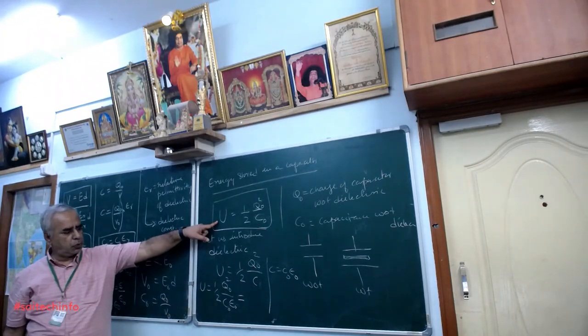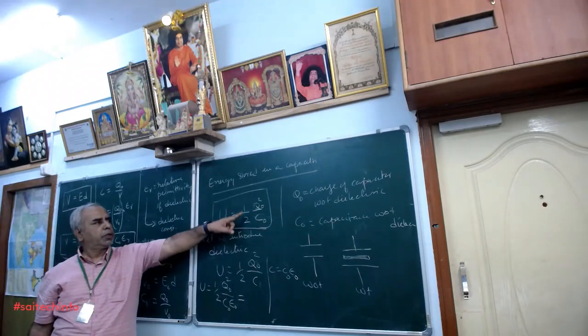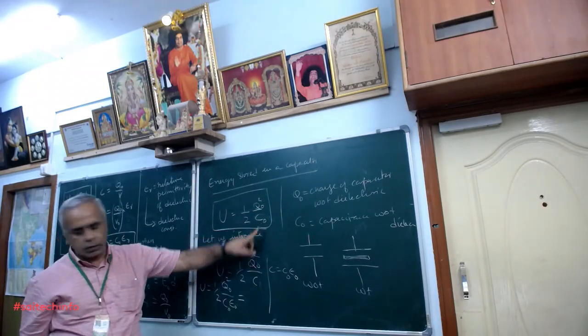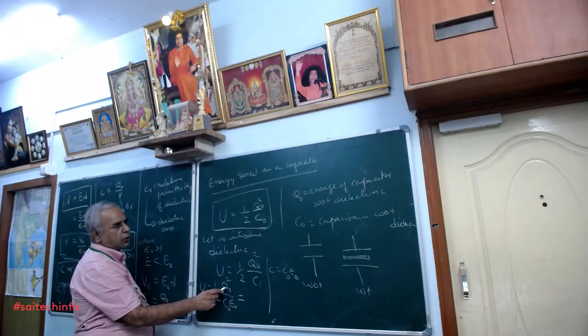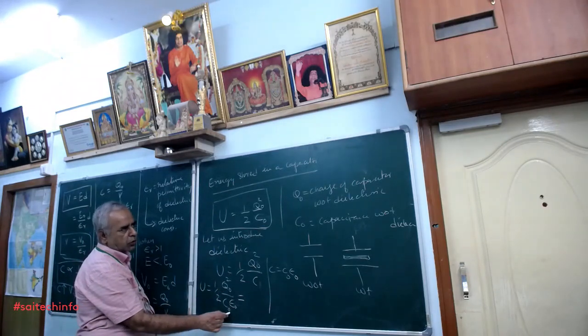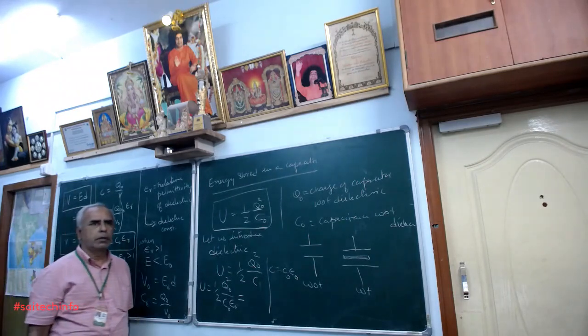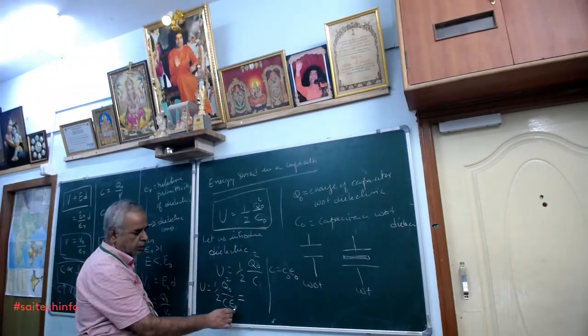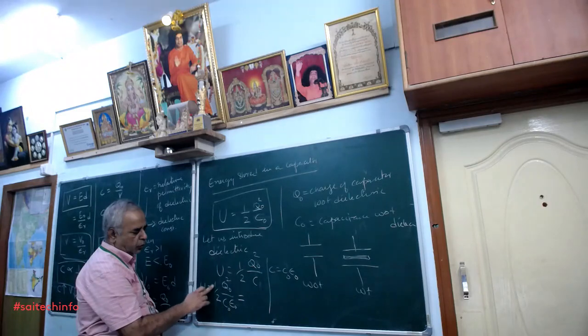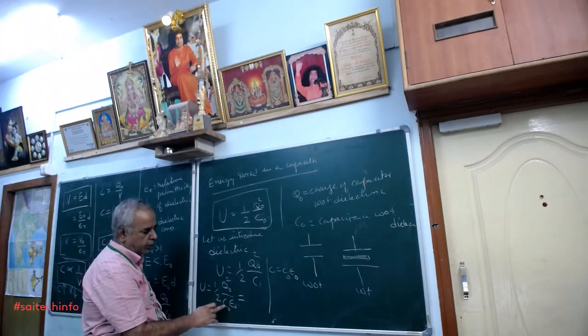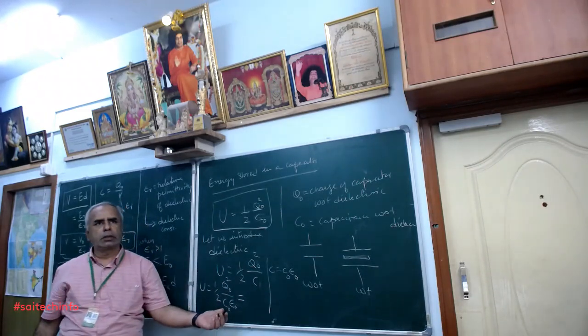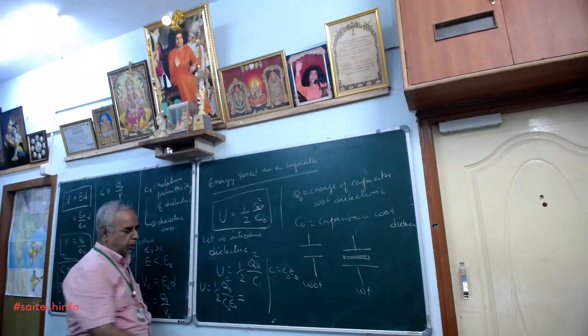This is U, 1 by 2 into Q naught square divided by C naught, and this is epsilon R, the relative permittivity.